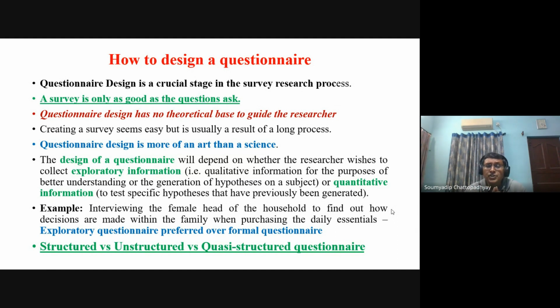Rather, we have an idea about the research, we know the issues or the concepts which are relevant for our research, and then we try to form the questions centering around those research ideas or concepts while engaging in discussion with the respondents. That is basically the idea of the unstructured or the quasi-structured questionnaire.